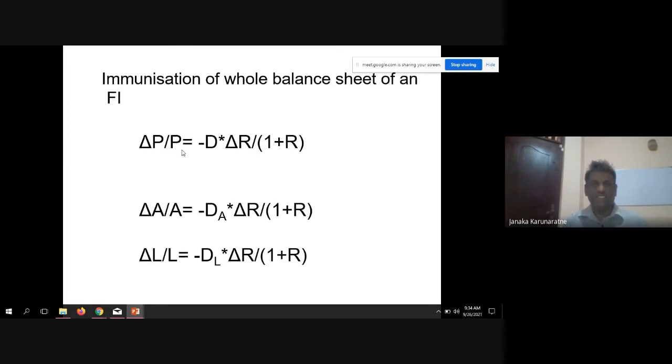Change in price divided by price equals minus D times delta R, that is the change in market interest rate, divided by 1 plus R.